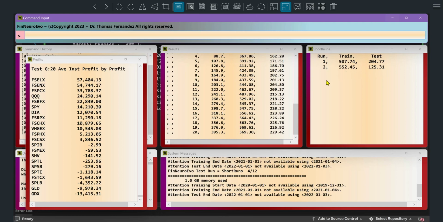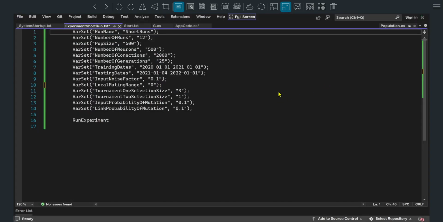But let's take a look at the script that sets this thing up. So this is the script that sets things up. You set all these parameters, and then essentially you just run the experiment. Let me go over the parameters briefly.